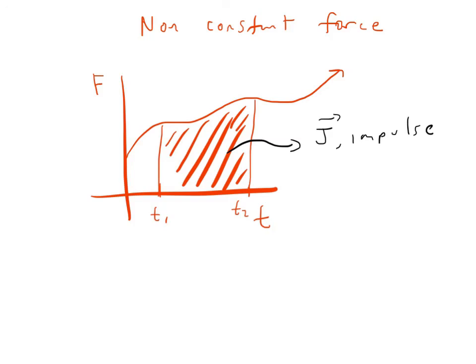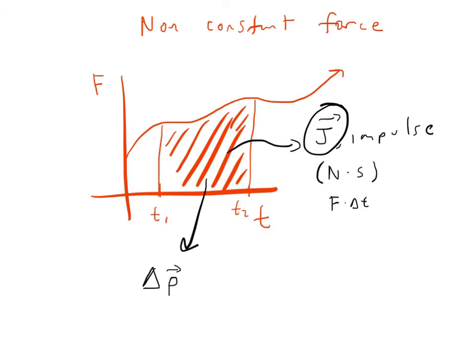And J is a vector, and the units would be newton-seconds, right? Because once again, it's coming from force times change in time. And the result of that impulse is a change in momentum, again a vector, of my system.